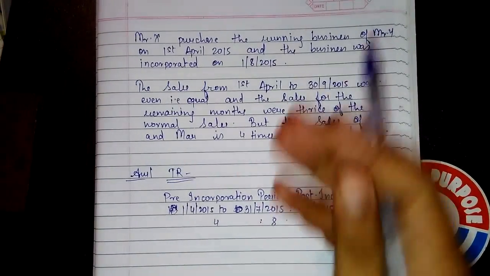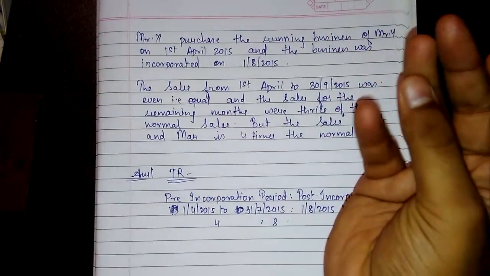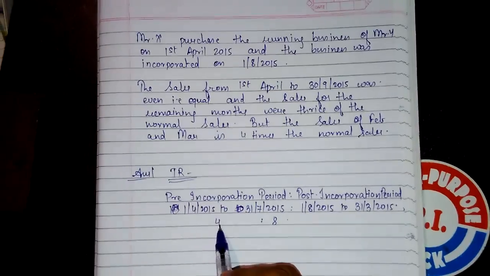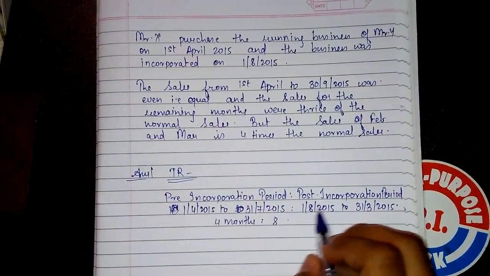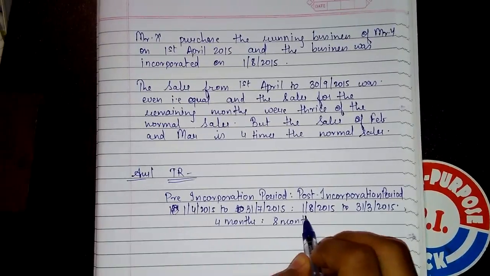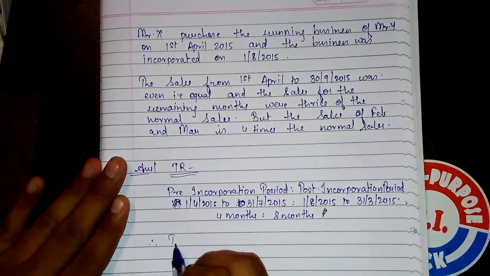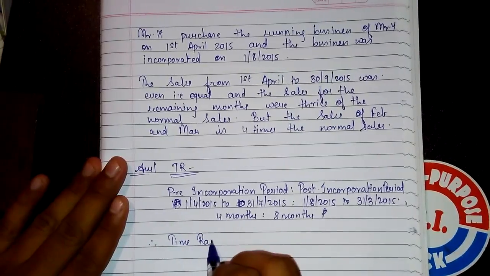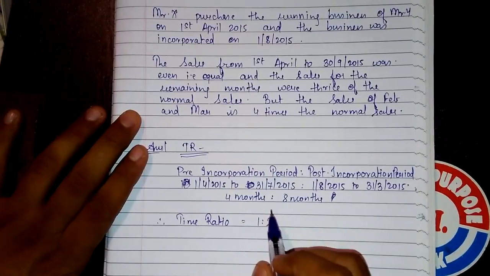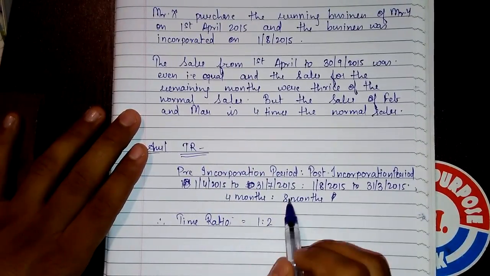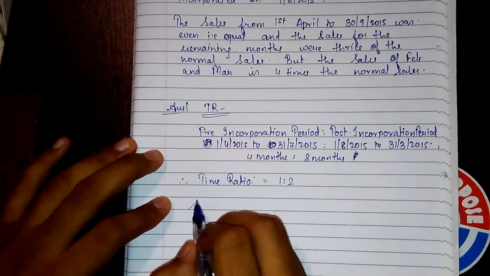From 1/4, that is the entire April, May, June, and entire July, so 4 months is the pre-incorporation period, and 8 months is the post-incorporation period. So therefore the time ratio is equal to 1:2. Now we'll find out the sales ratio.